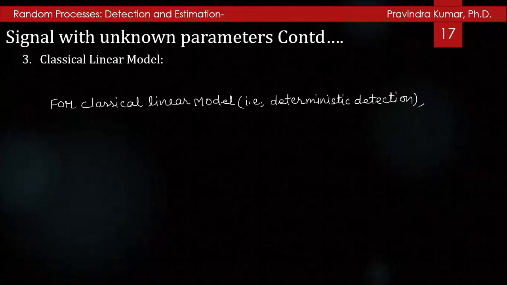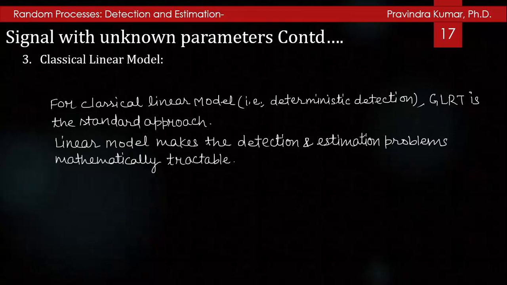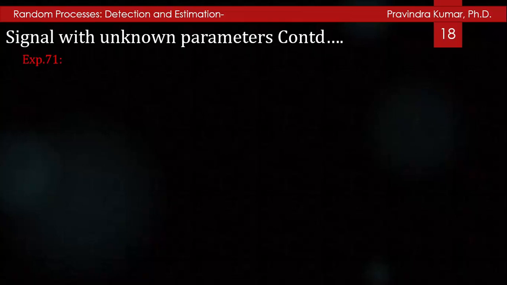For the classical linear model, meaning deterministic detection, the GLRT is the standard approach. The linear model finds application in a number of real world problems and makes the detection and estimation problem mathematically tractable. So let us take one example.